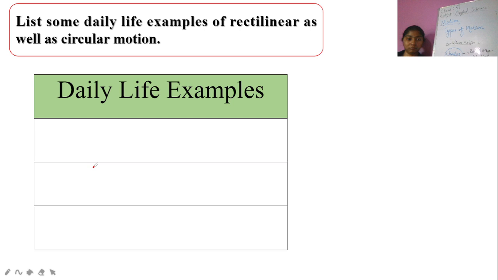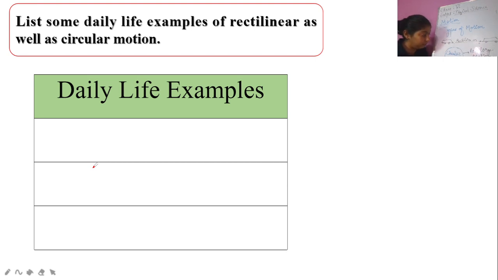Yes, very good students. So I think you have done your task. So students, we can say that for the rectilinear motion, if a car is moving in a straight line, then we can say this is a rectilinear motion.